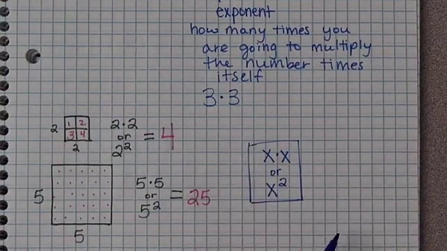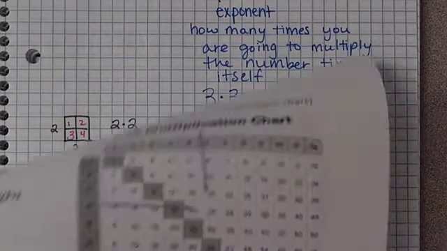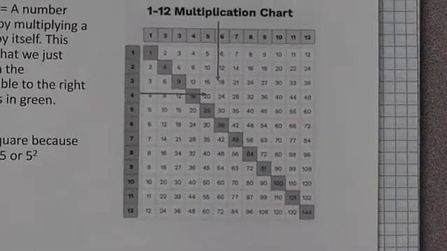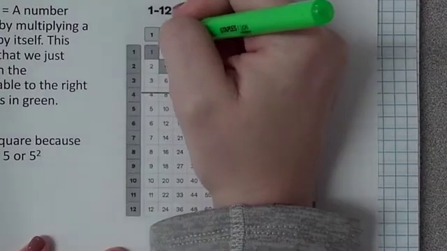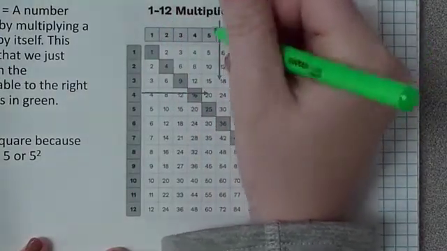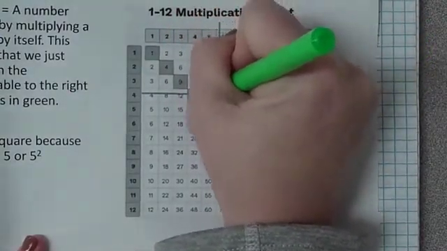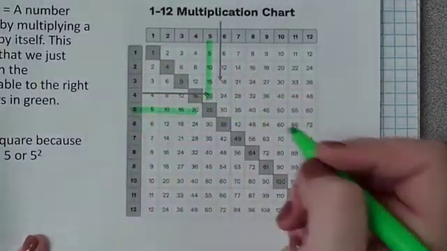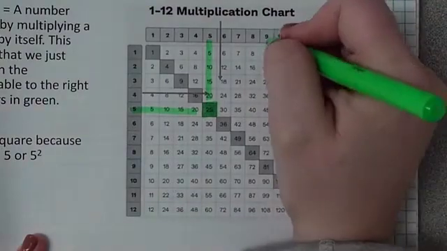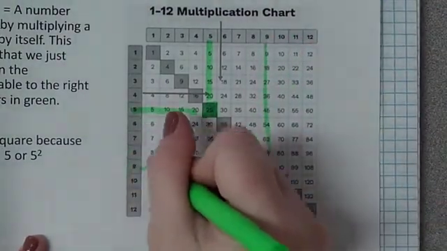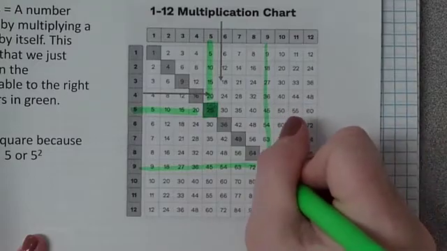On my computer, these are in color, but this is just a multiplication chart. If you think about a multiplication chart, if we look at 5 times 5, which is what we just found, 5 times 5 is 25. 9 times 9 is 81.